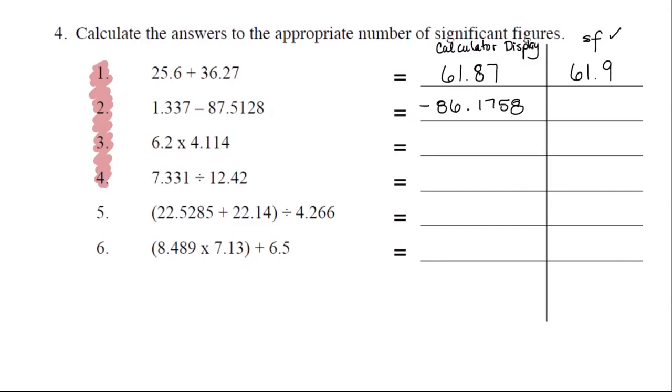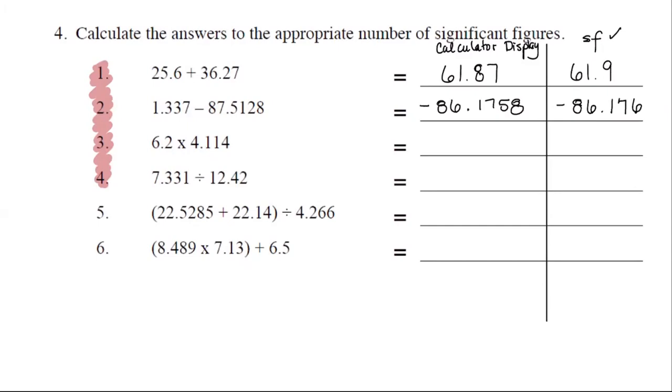So we need to round this answer to 3 decimal places. Excellent. So it's going to be negative 86.176. Okay, for the students that gave me only 2 decimal places, remember the rules. Three decimal places is the smallest number of decimal places here.